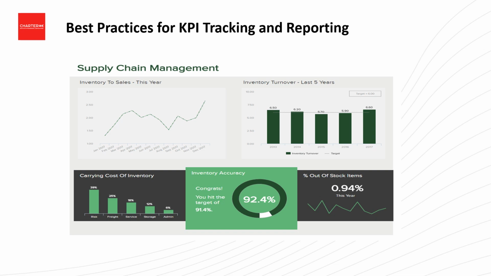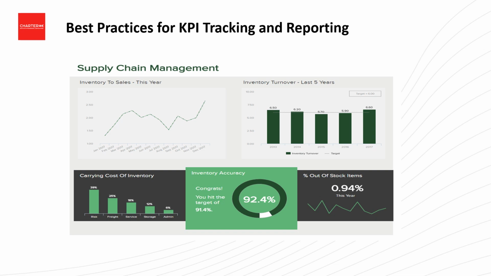By implementing these best practices, organizations can effectively track and report KPIs, leading to improved supply chain performance and informed decision making. Now, consistency, accuracy, timeliness, automation through supply chain management software, effective visualization, and regular analysis.